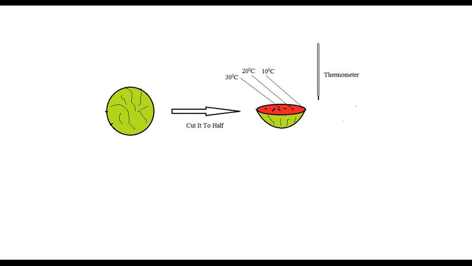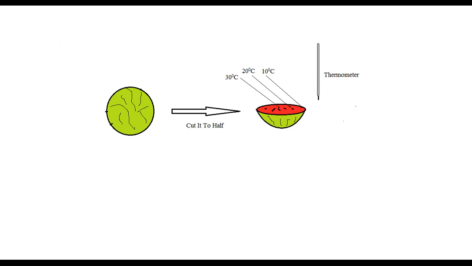So from center to periphery, see what happens: the peripheral molecules are immediately releasing their heat to the cold surrounding, but for the molecules which are at the center, first of all the heat has to travel through the solid material particles of the watermelon, then it reaches the periphery, then it is lost to the surrounding.